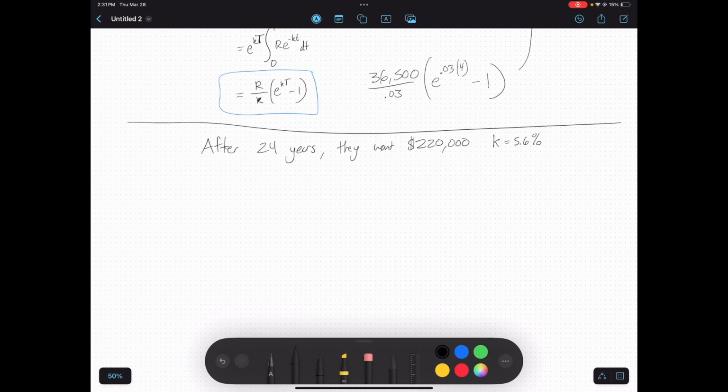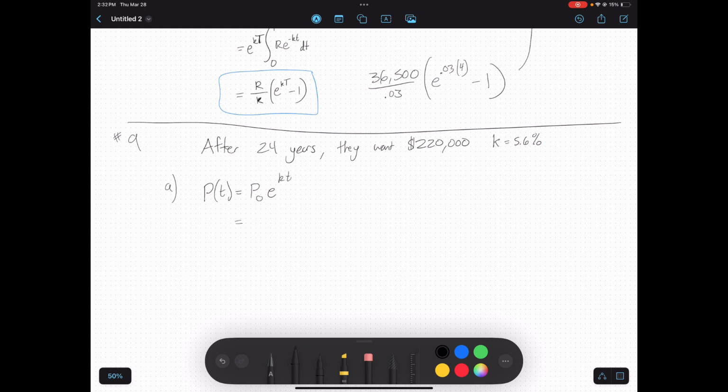My first question, and by the way, this is problem 9 from your homework, is, well, how much would they need to initially invest? Let's first just think about it in terms of an initial investment. So that means I'm going to use my normal future value formula, P equals P naught e to the kt.